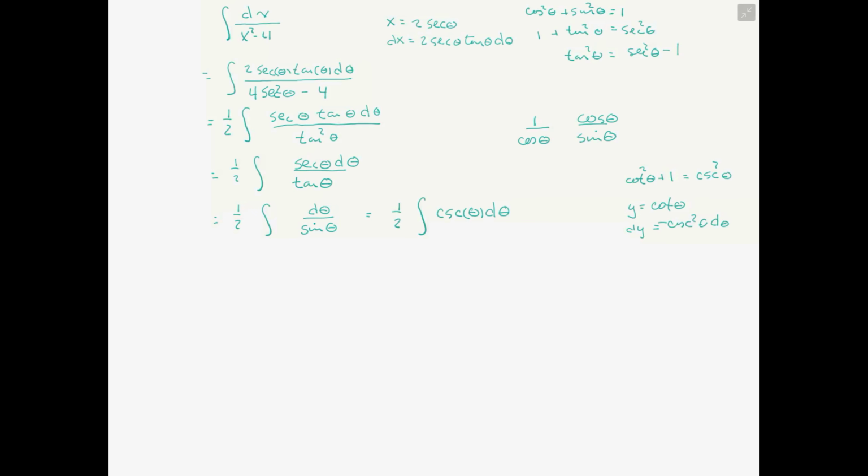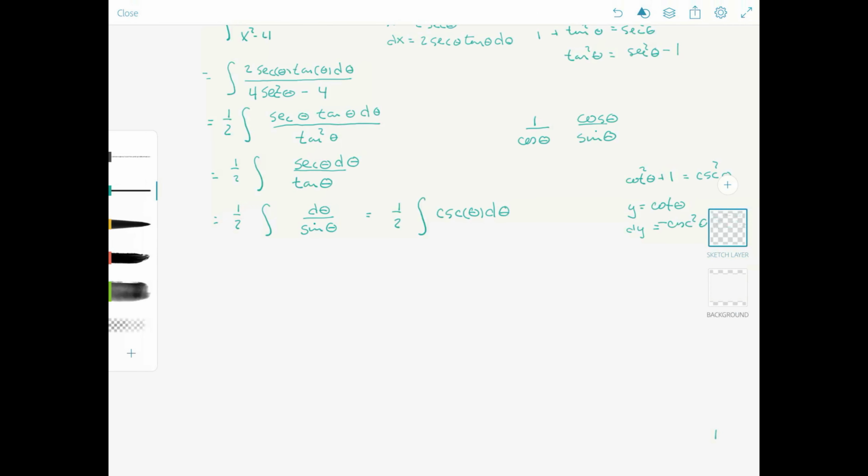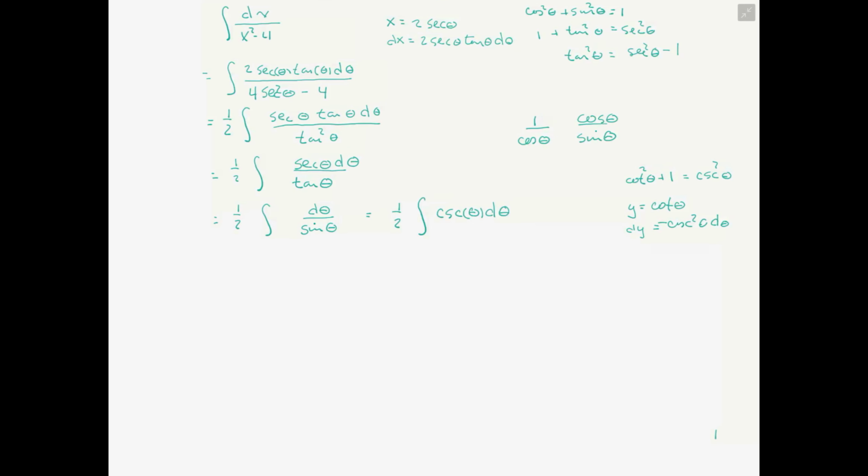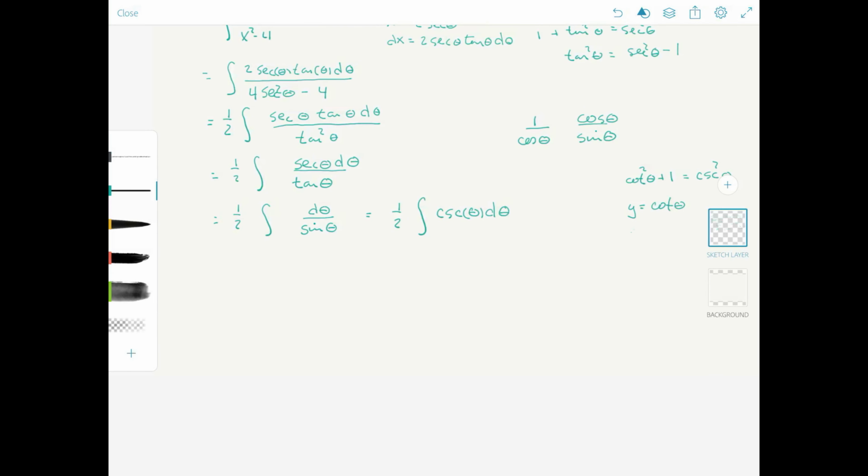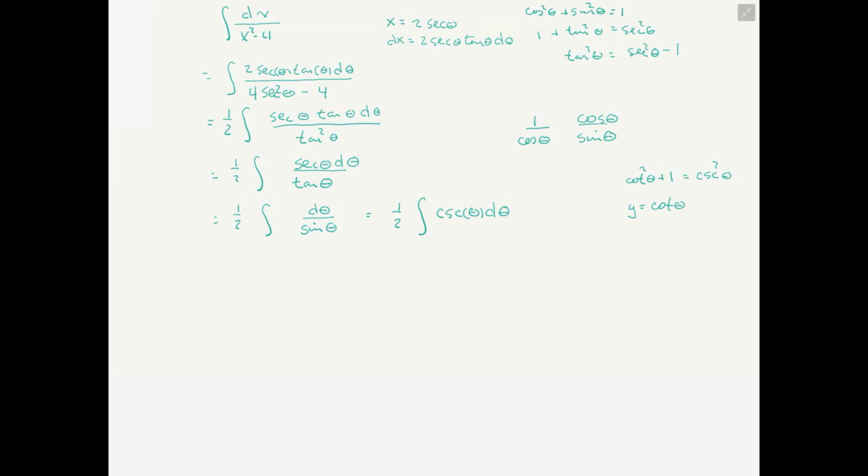And if we have y equals cotangent theta, we have dy equals cosecant squared theta d theta. I think that's a minus sign.